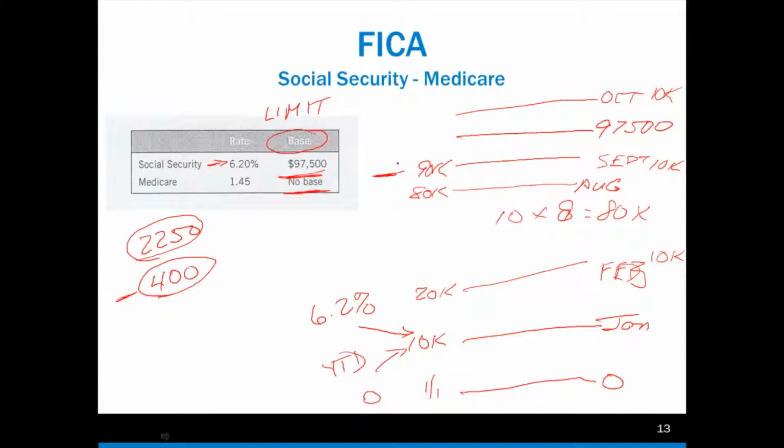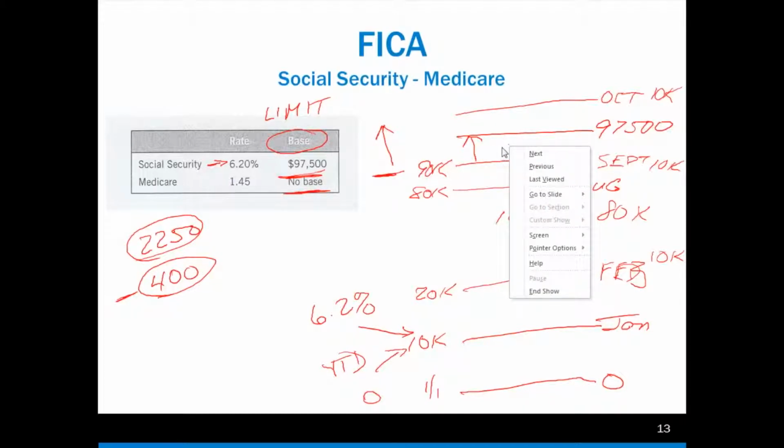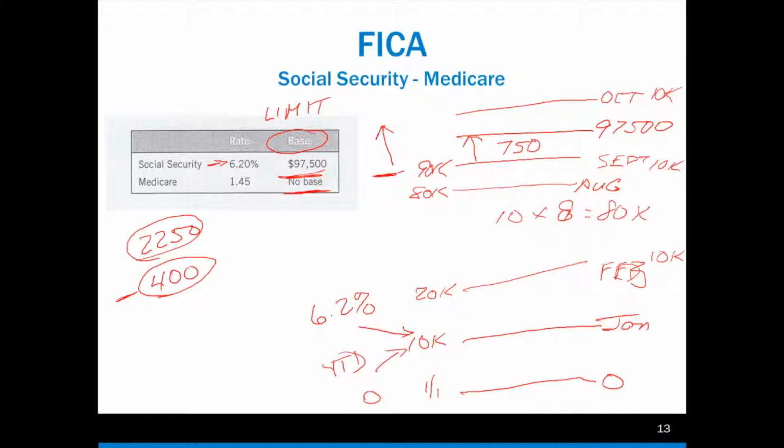Now, as you're being paid, your year-to-date goes up. Well, it's the amount from the $90,000 all the way up to the 97.5. So the taxable wages would be $7,500.